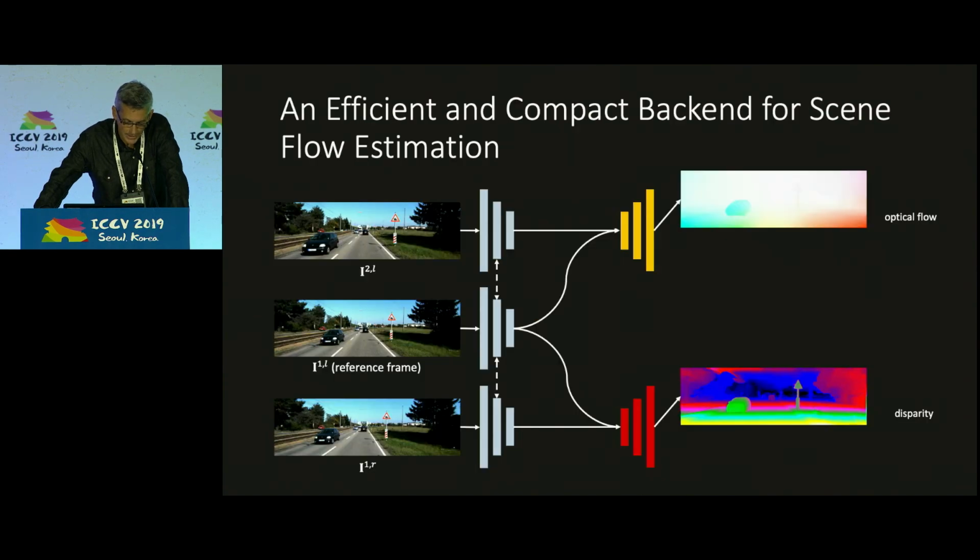Because we're using these similar representations, we can encode all the images with a fixed encoding represented by these gray layers here with shared parameters during training. So we encode 3 images: the reference frame and the future frame of the left camera, and also the right image of the first frame.